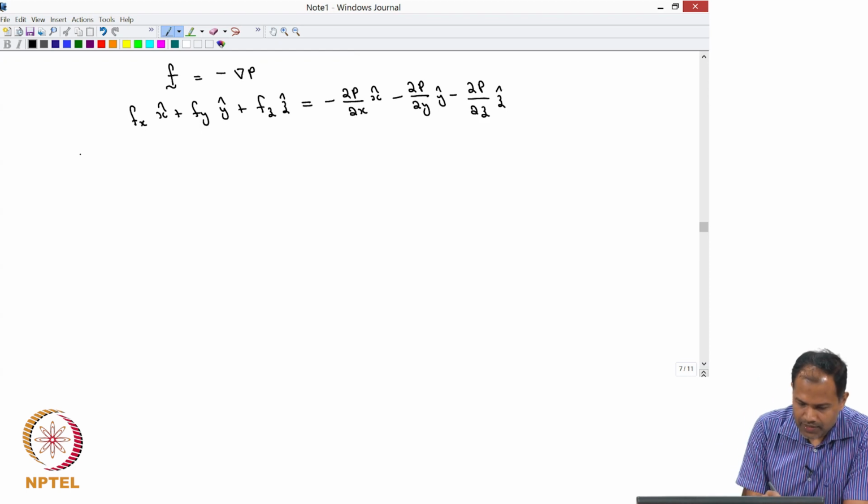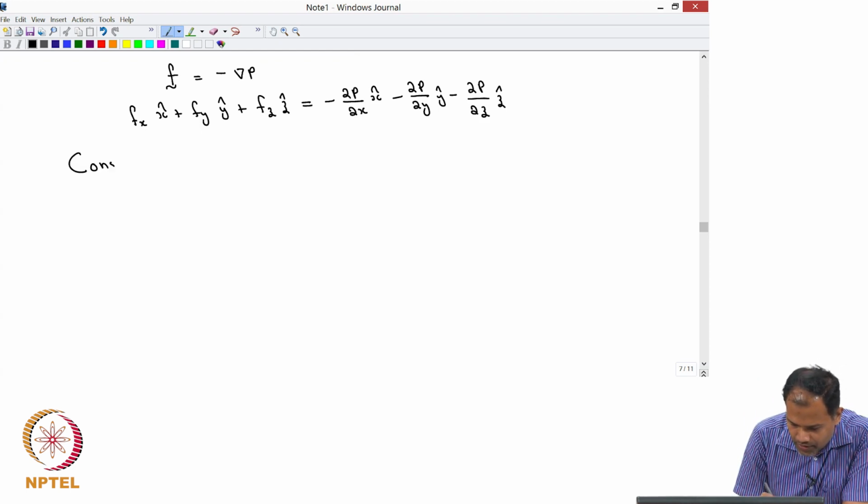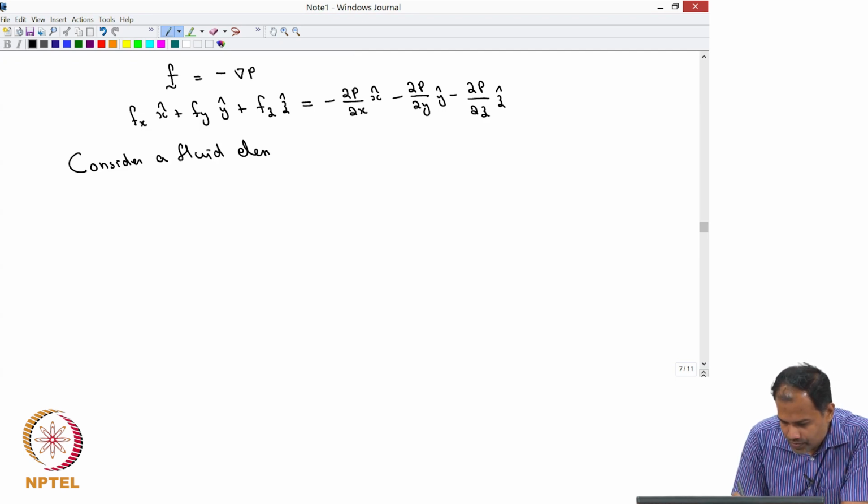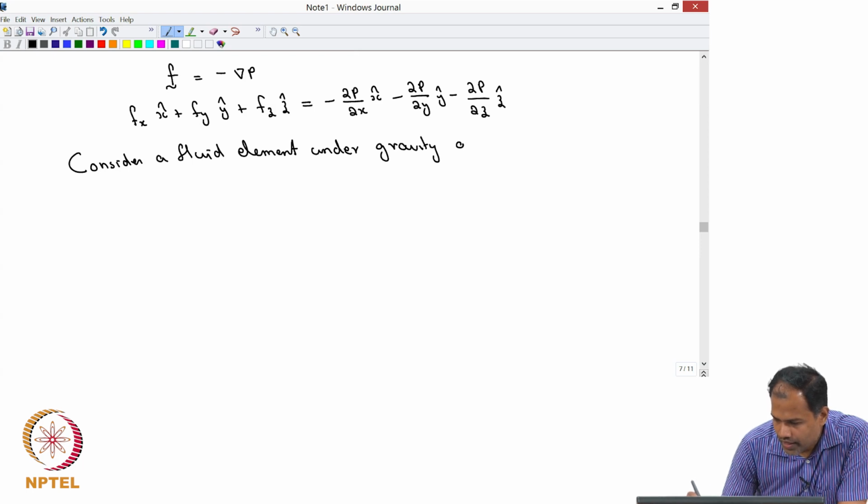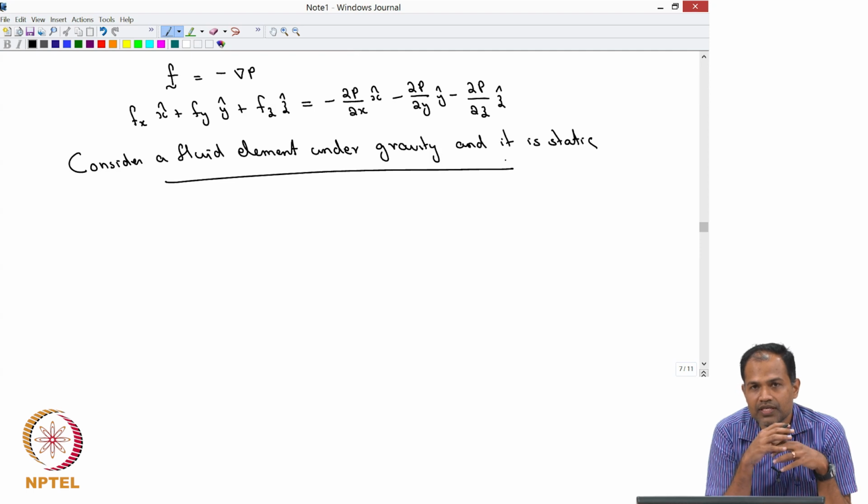Let us consider a fluid element under gravity and it is static. So, the fluid is not moving, the fluid element is static.